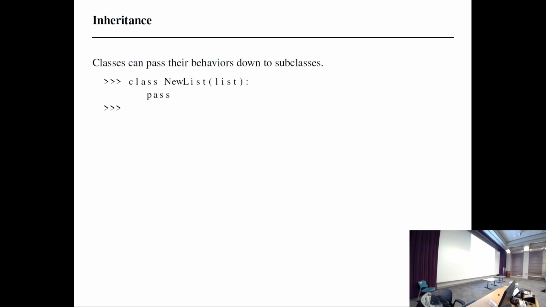All right, one of the features of object-oriented programming is I can define a class in terms of existing classes. And I can inherit behaviors from my superclass, the class that I started with, so I don't have to re-implement them. So this lets me implement stuff that's almost like something I already have.